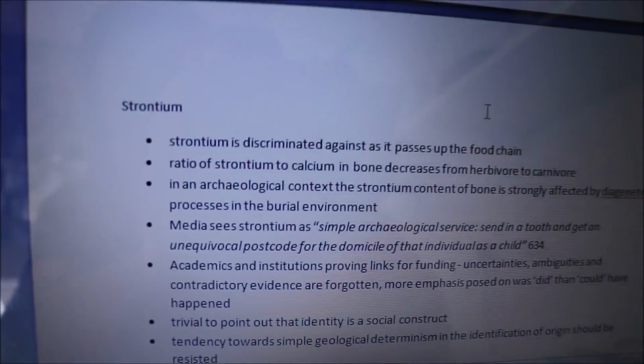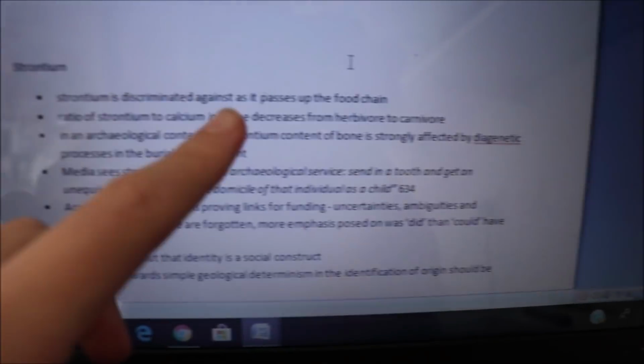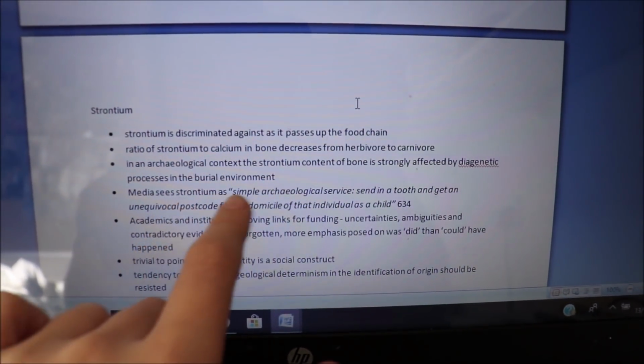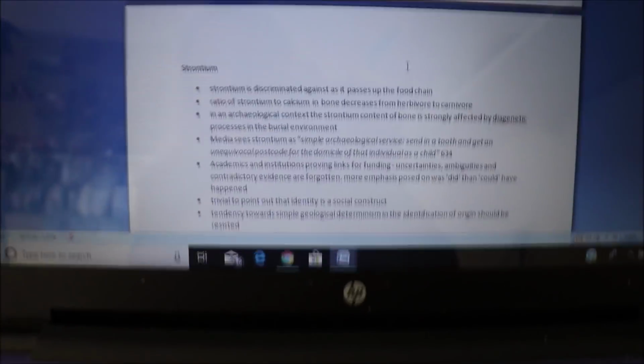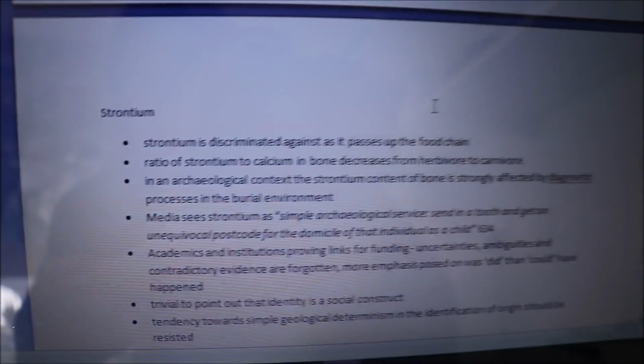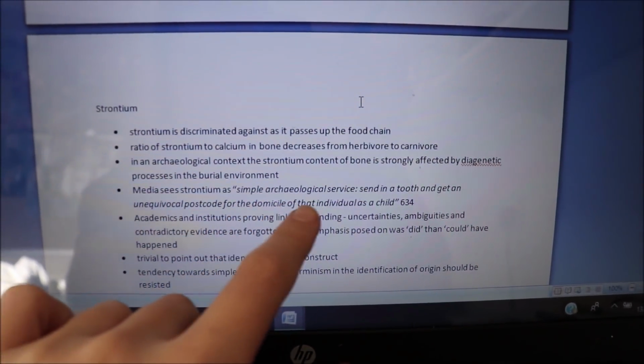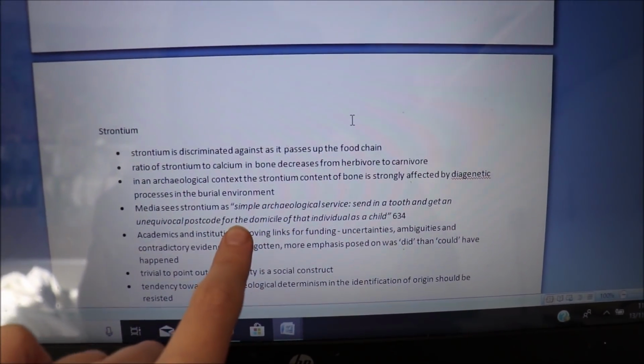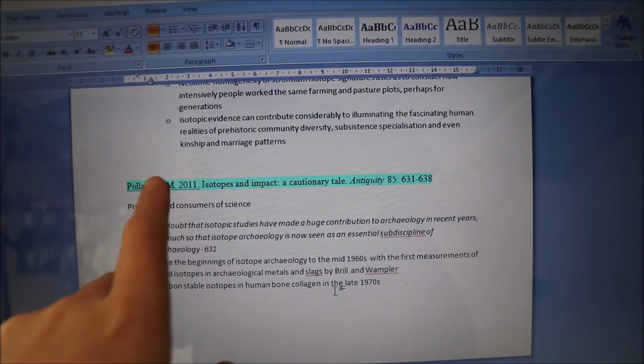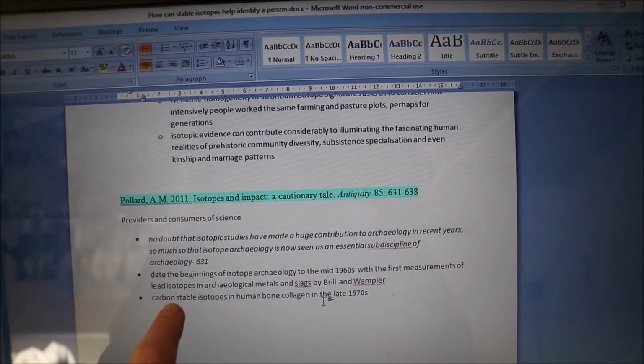So here, for example, I've written about it, but then this one I actually want to keep the quote.